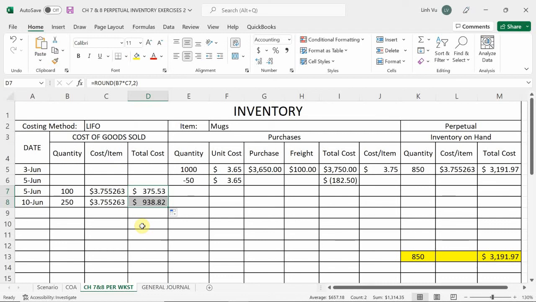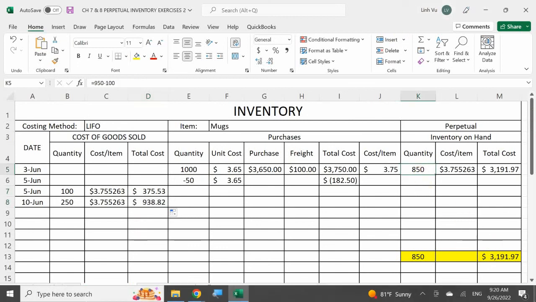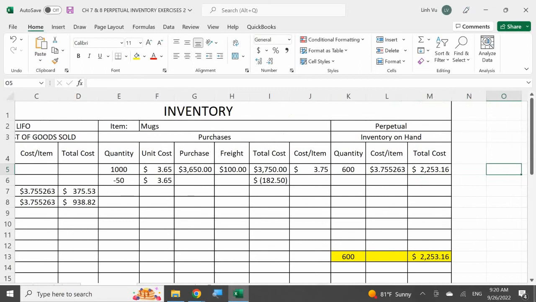So that should give you 15 cents. So in this case, I need to update my inventory. How many items did I sell? 250. So I get a split penny. So I need to make sure that this number is correct.